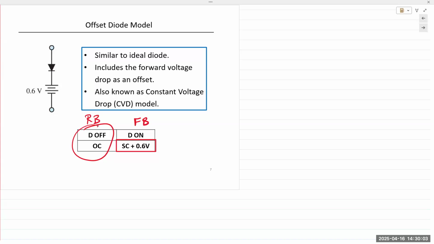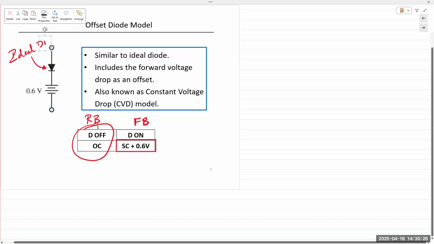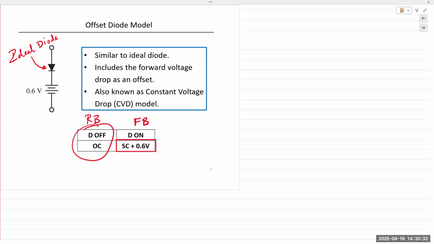So reverse bias, it's off, open circuit. In forward bias, it behaves like a short circuit in series with a voltage source. So this would be the ideal diode model in series with the voltage source, 0.6 volts.